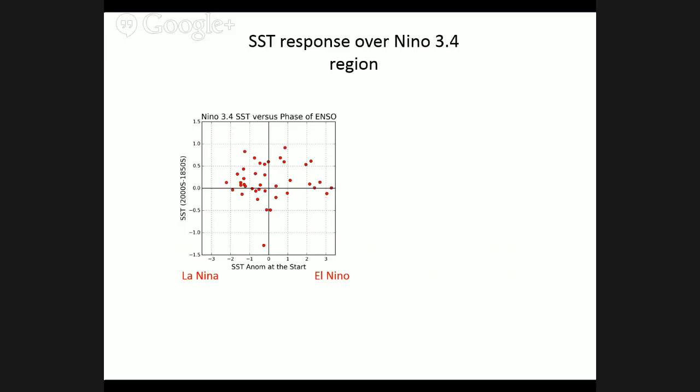My response over that region is scattered everywhere. But one clear thing you can see here is most of my response is above the zero line. So most of the time there's a warming happening in the tropical Pacific. So warming is a preferred response in these runs. Why is it? That's what we are interested in.